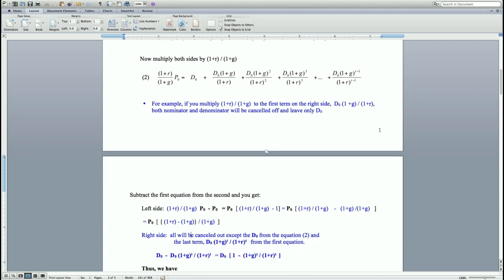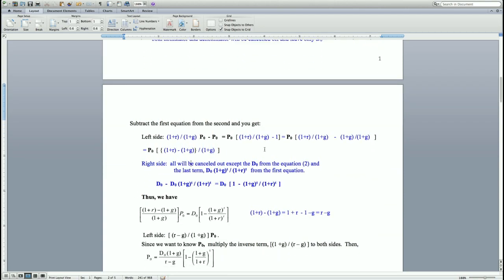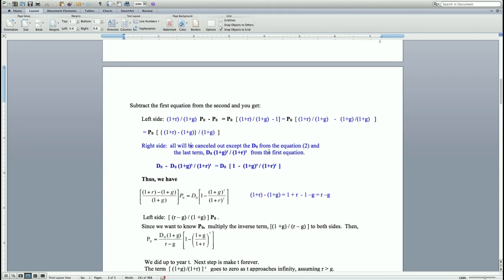So that's the one. Go down here, right side. We have d0 survives, and then d0 to the power t survives from the first equation. Okay, so we have d0 on the right side minus this one.